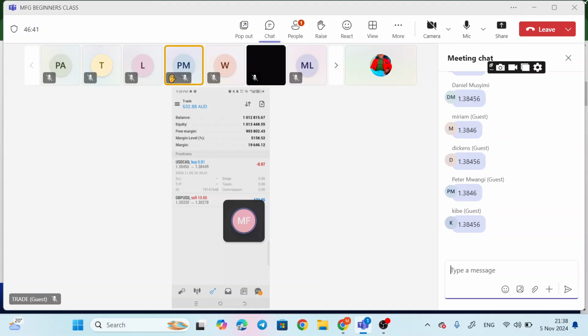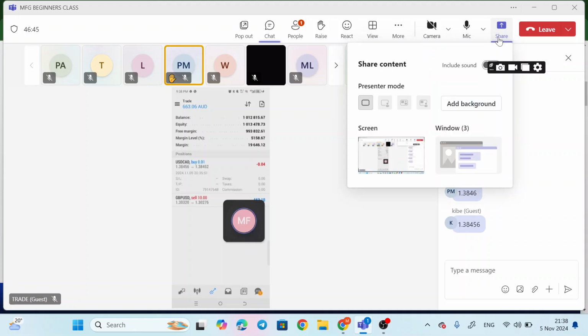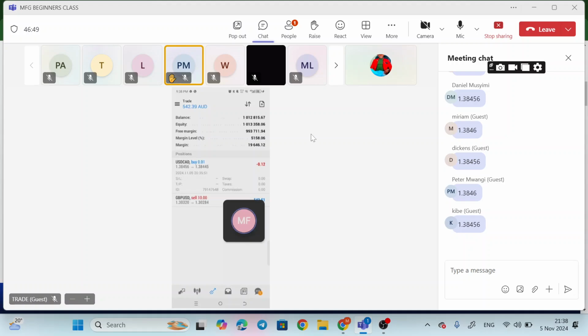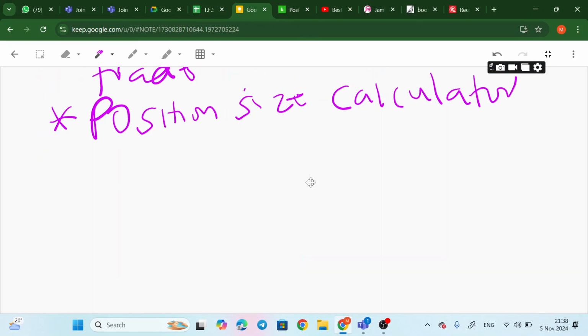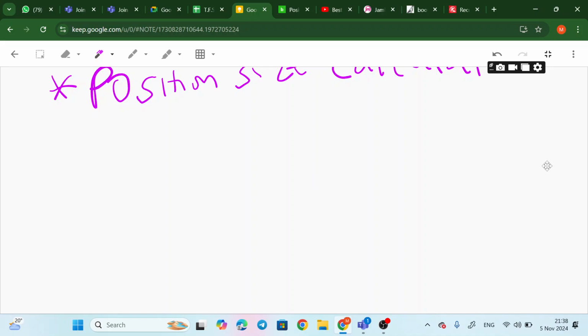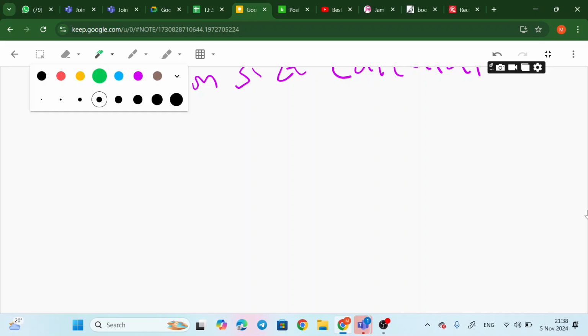So how do I do that? Now we go to the whiteboard here. We do the calculation. I have my entry. I find out the stop loss and the take profit. Sorry, I told you position size. I'm trying to insist so that you get to understand this concept. So we have said today I've entered a buy trade.